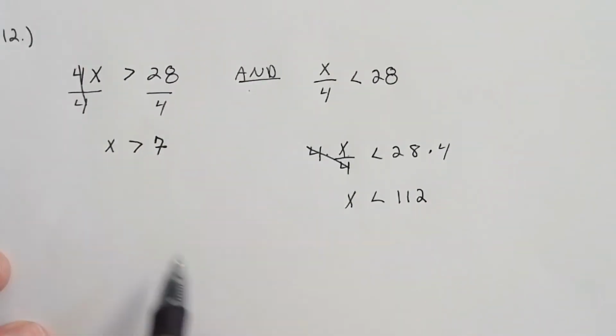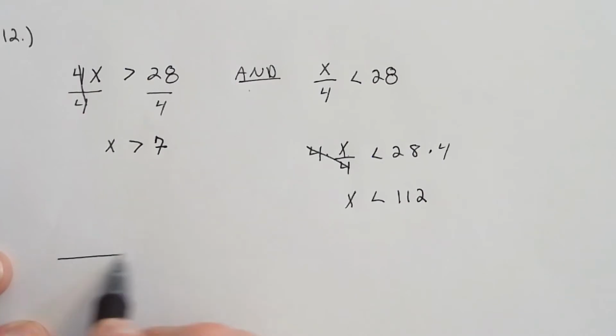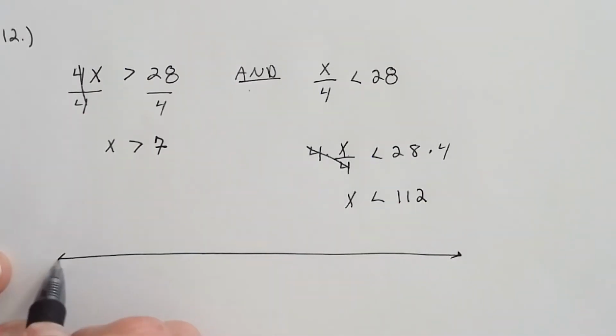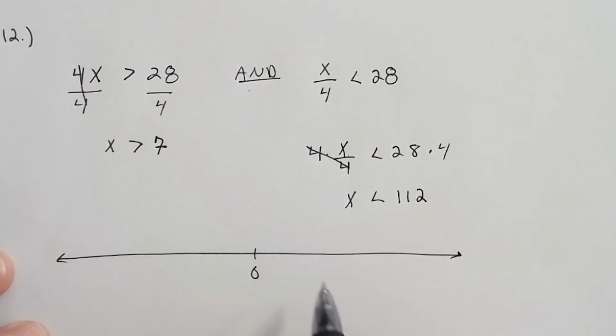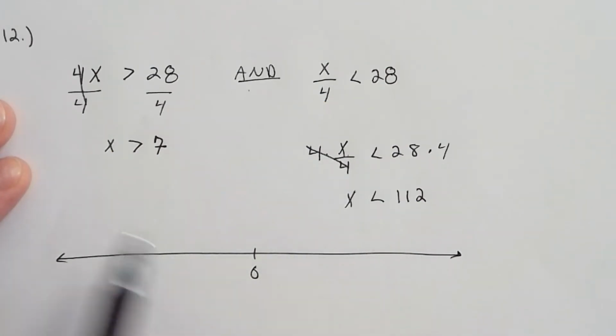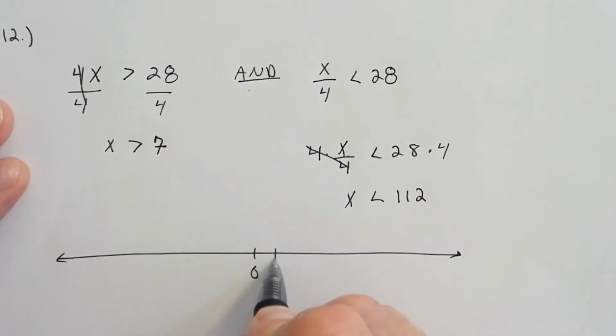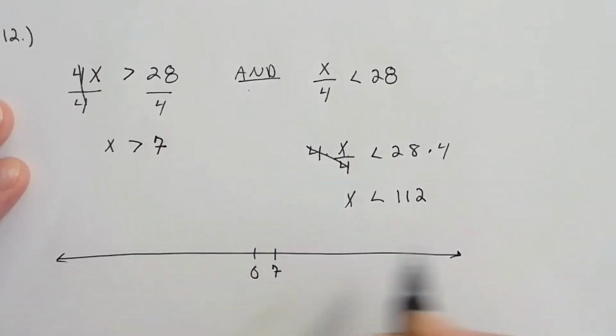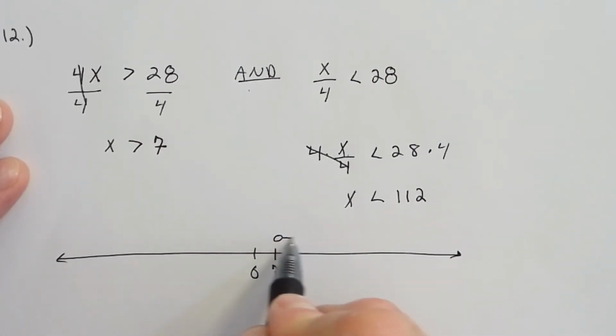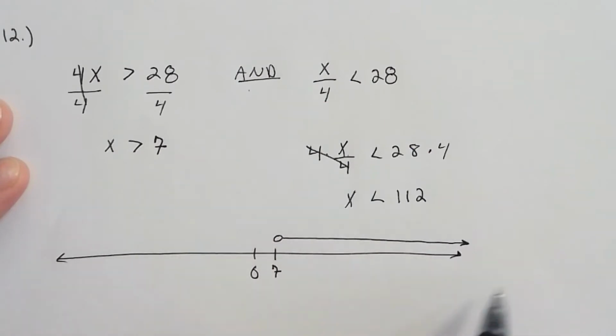So if we were to graph this on a number line, and we'll shrink this down. We're looking for X is greater than 7, so we'll just put 7 here. Open or closed? Open. And we'll go ahead and just put 112 up here.